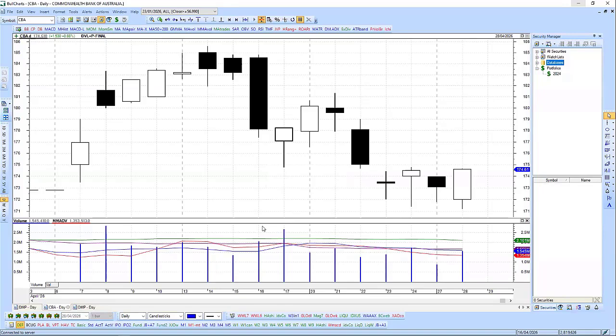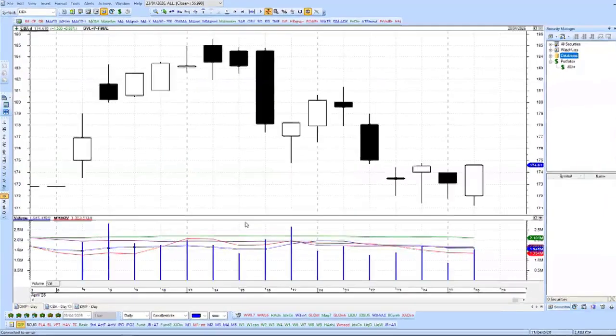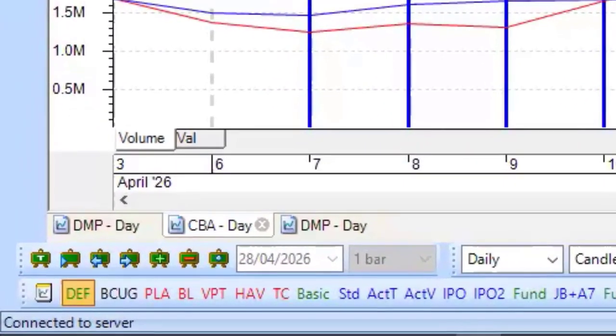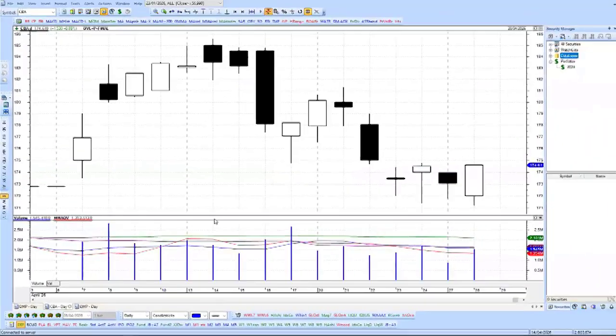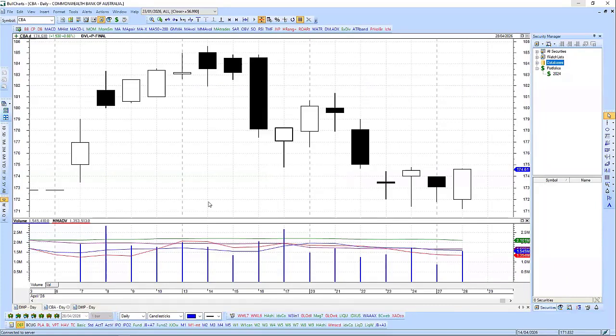With a standard BullCharts installation, we get 5 default or supplied templates, and these are supplied for a couple of reasons, primarily so that people who are new to BullCharts can see some examples of some of the terminology and how to use BullCharts, and also samples of some trading systems or setups that can help with having a trading system.